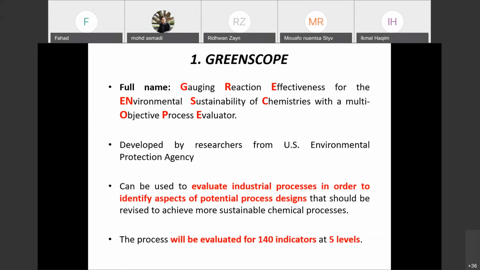The lowest level, number one, is facility compliance or conformance. Let me write here.